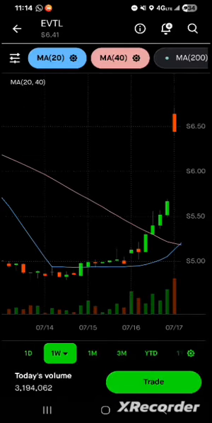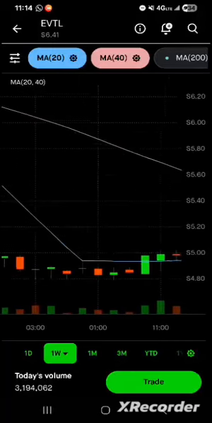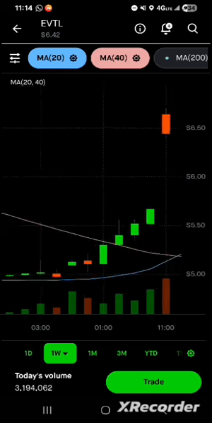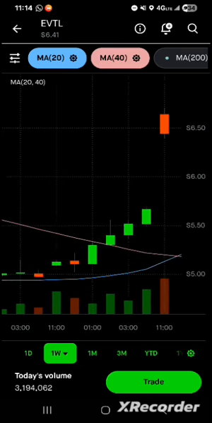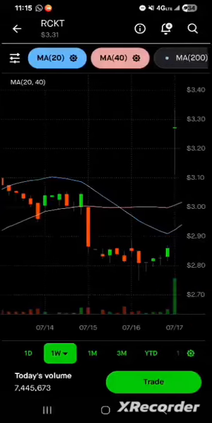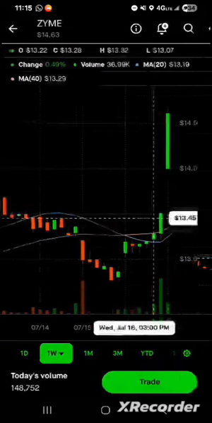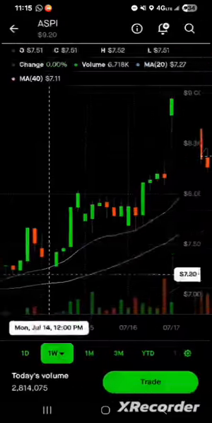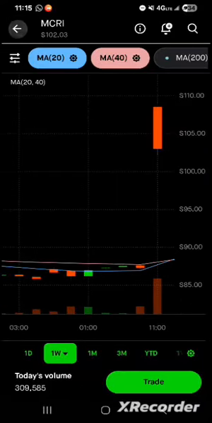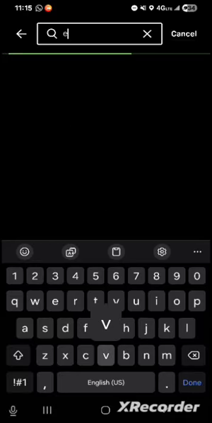Okay, this one right here, I'm iffy about this one. The reason why I'm iffy is because, like I said, we want those moving averages to be close together. But we have a gap right here. So let's examine EVTL.